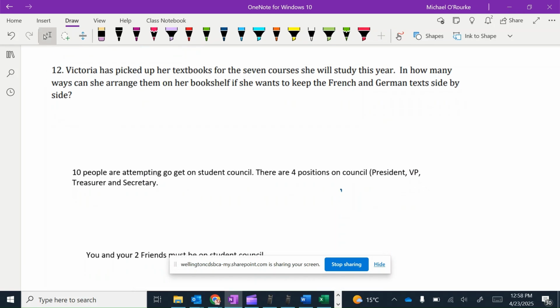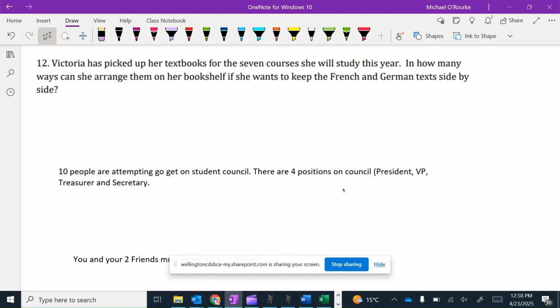Now we're going to get into the more difficult ones. Let's look at number 12 here. Victoria has textbooks for 7 courses she will study this year. How many ways can she arrange her textbooks? I don't like that one, but I'll still do it here. 7 textbooks.